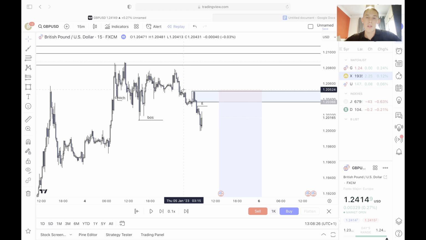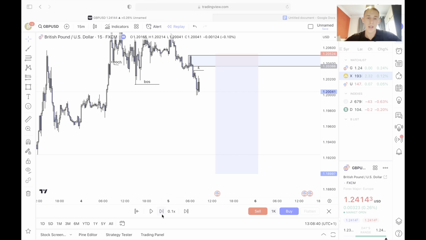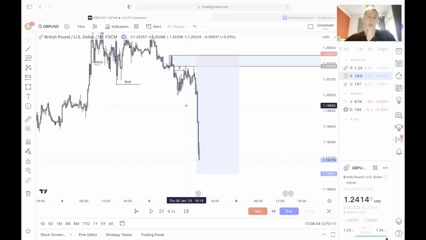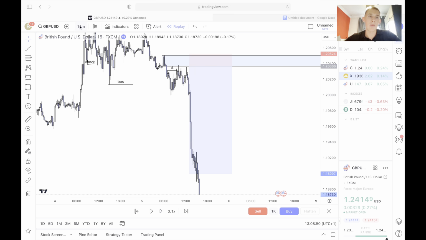But you can be sure that if this level breaks, price will probably head back to the high, in which case your analysis would be wrong. So there's no reason to have the stop loss all the way up here. We can just put it above this supply here and watch what happens. Price comes up, rejects the level, can't break past it, and comes to the take profit.